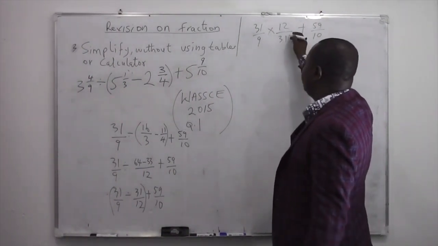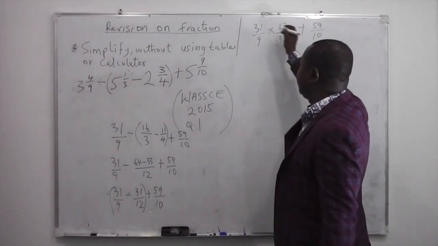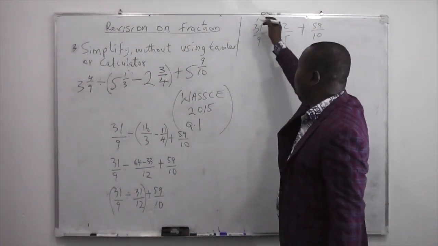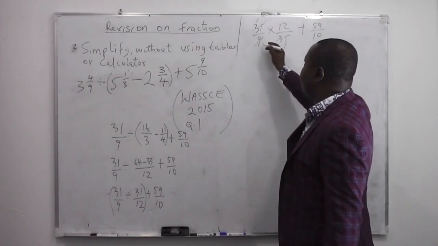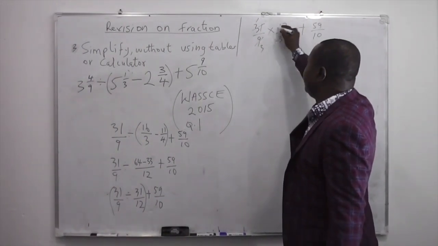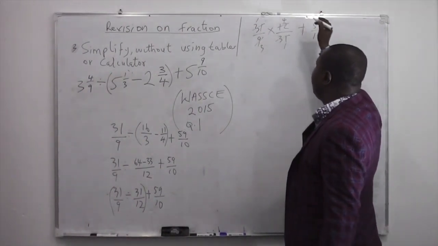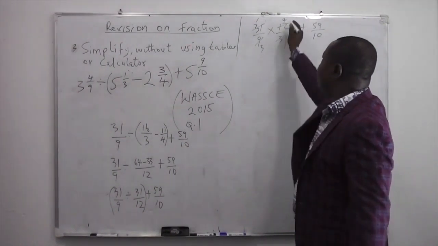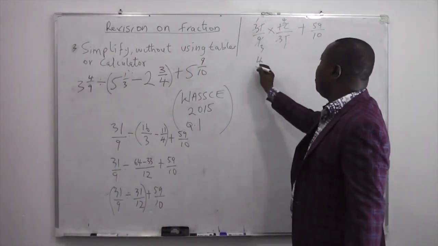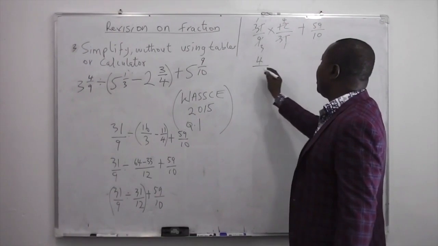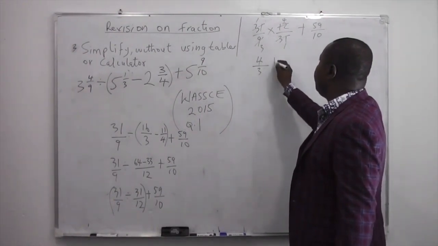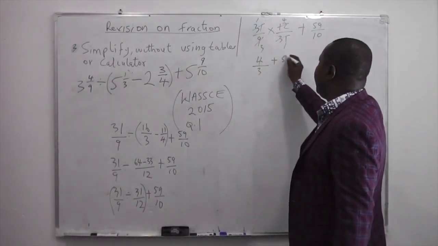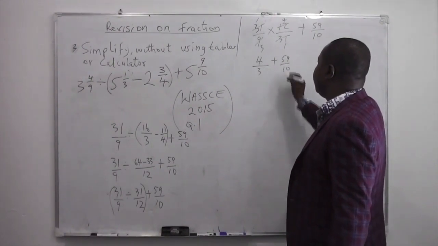At this point, 31 cancels 31, gives you 1. Then of course 3 can cancel 9, gives you 3. 3 cancel 12, 4. So we are left with what? 4 times 1 is 4 all over 3 times 1 is 3. Then bring back your 59 all over 10.